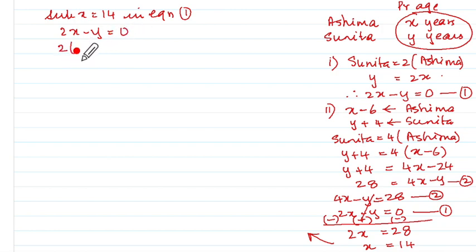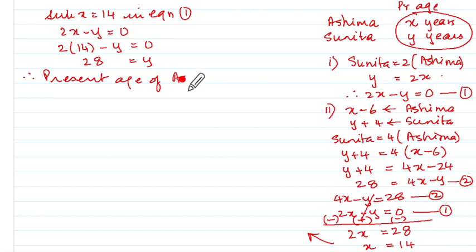So you'll have 2 into 14 minus y equal to 0. So we'll have 28 equal to y. So therefore present age of Ashima is 14 years, and present age of Sunita, it is y, means 28 years.